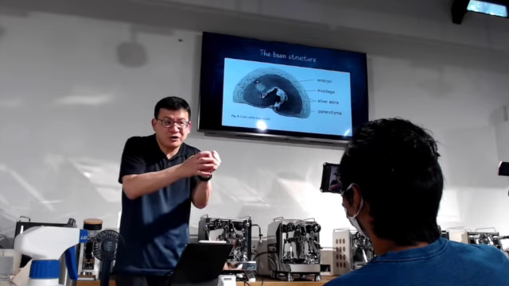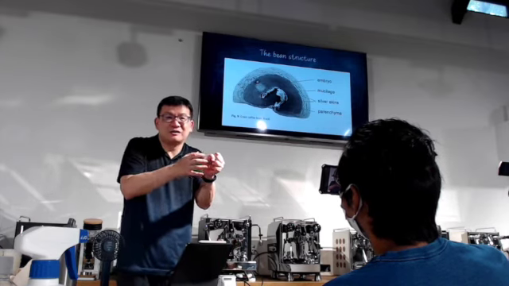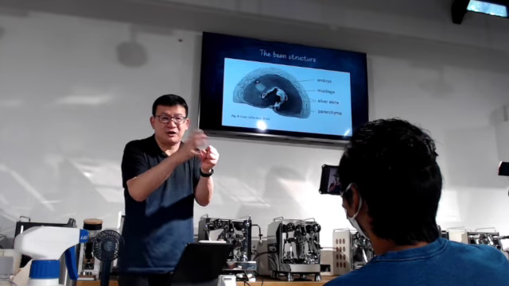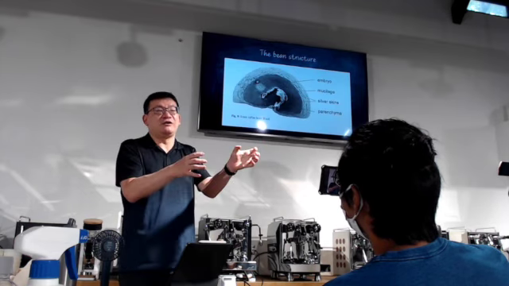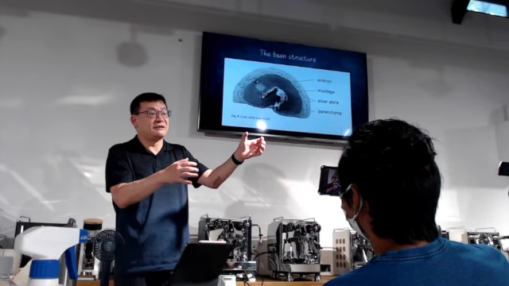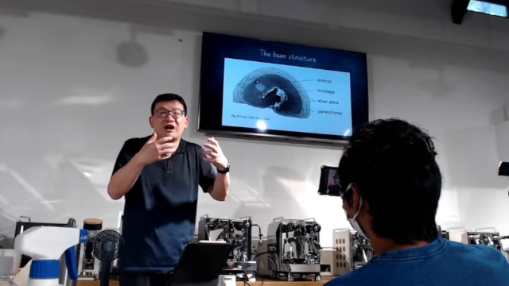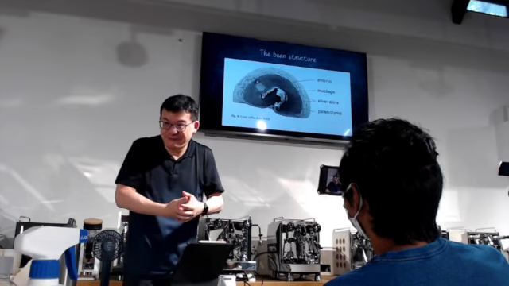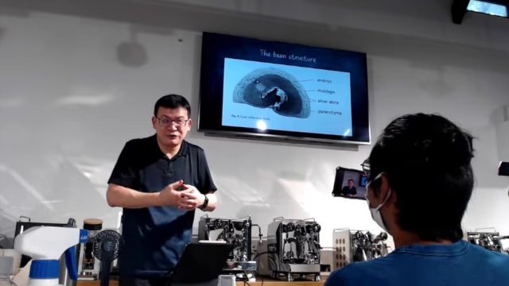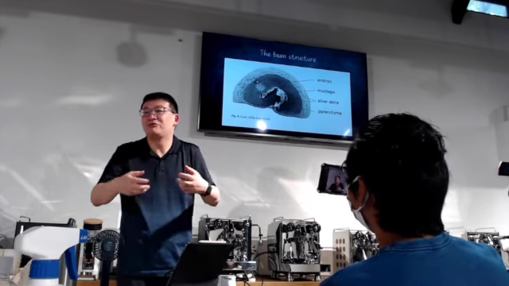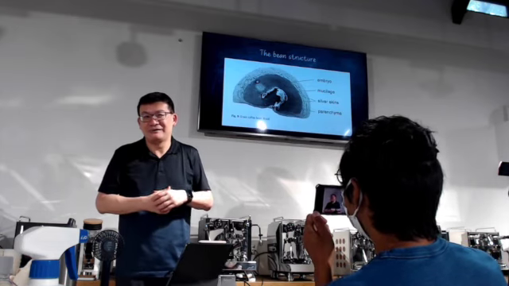So the structure is not strong enough because energy is too much. So every bean is like open. Usually you will have overdeveloped flavor. Usually that means you give too much energy.